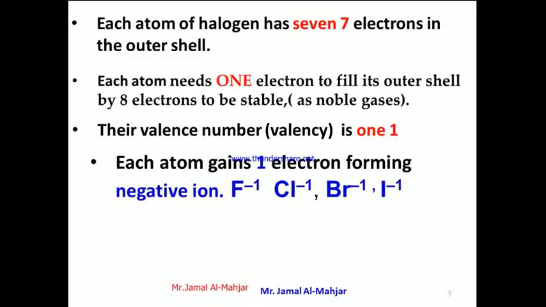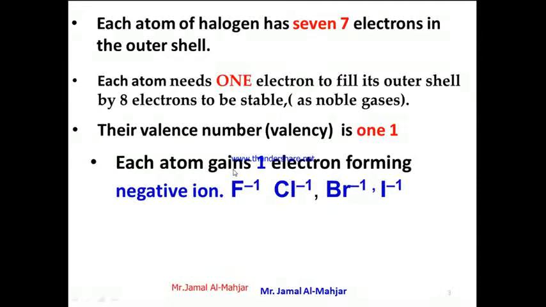Yes, 1 electron. So their valence number, or valency, is 1. What does it mean? The valency is 1 and they have 7 electrons. The valency means the number of electrons that are gained or lost. But here, all halogens gain 1 electron to be stable like the noble gases.